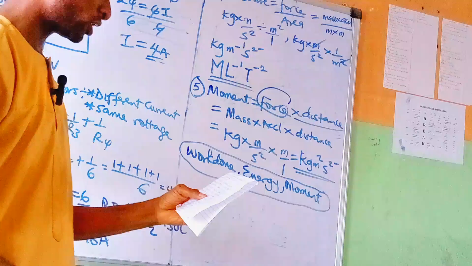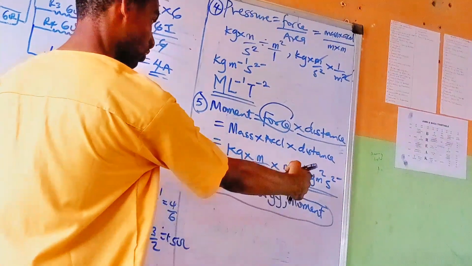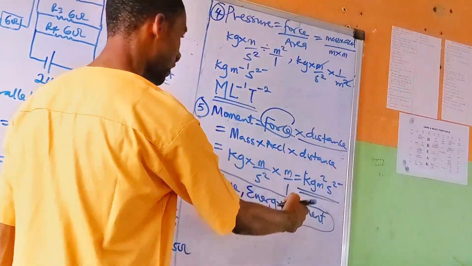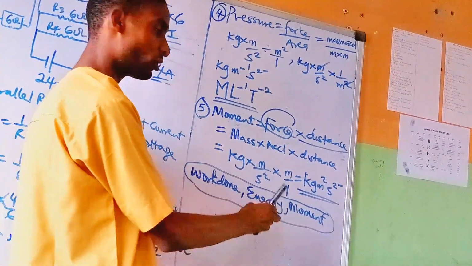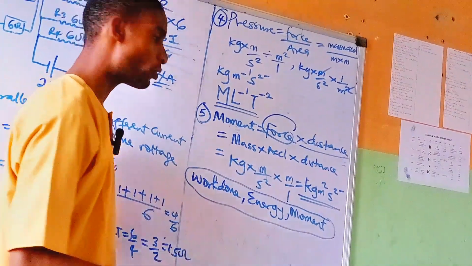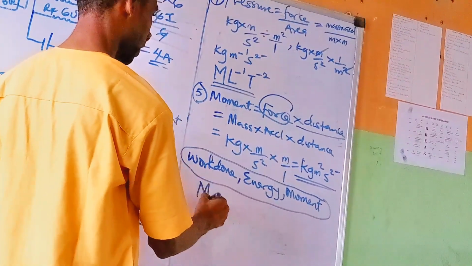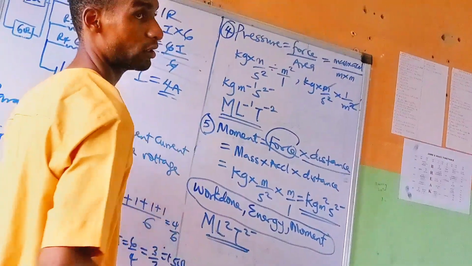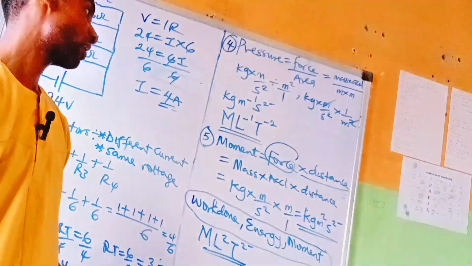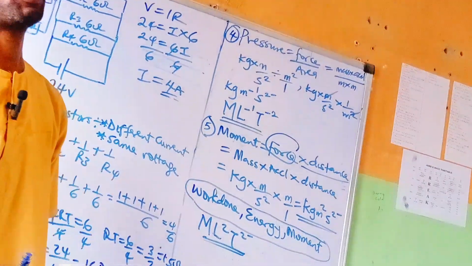So if the question says, which of the following has the same dimension, let's now write out the dimension. The dimension of work done, the dimension of energy, and the dimension of moment is going to be capital L squared T^-2. That is the answer. So the answer is work done, not impulse, not momentum.